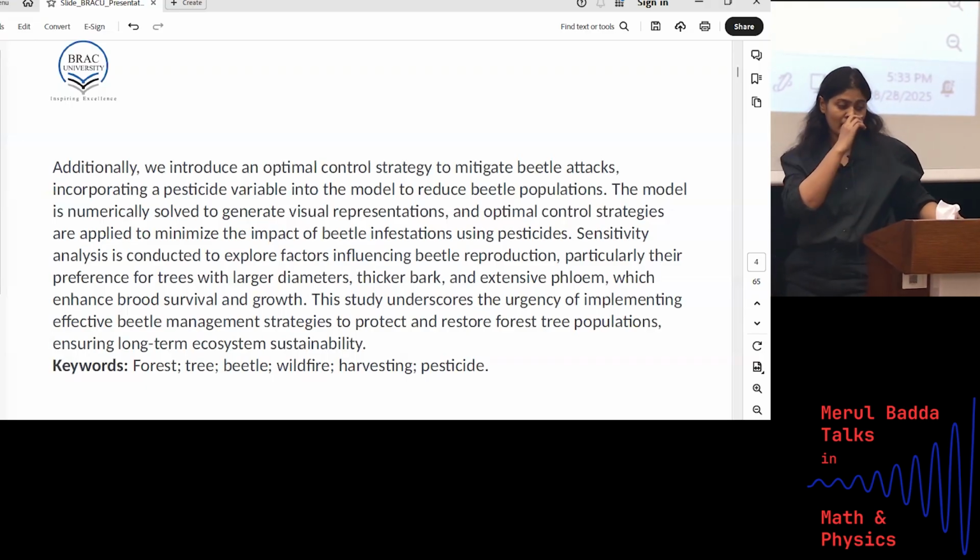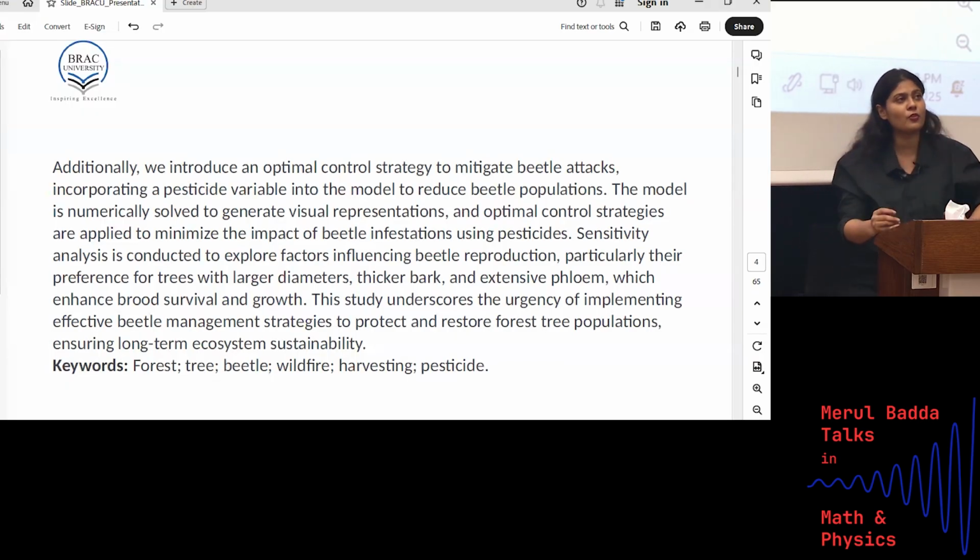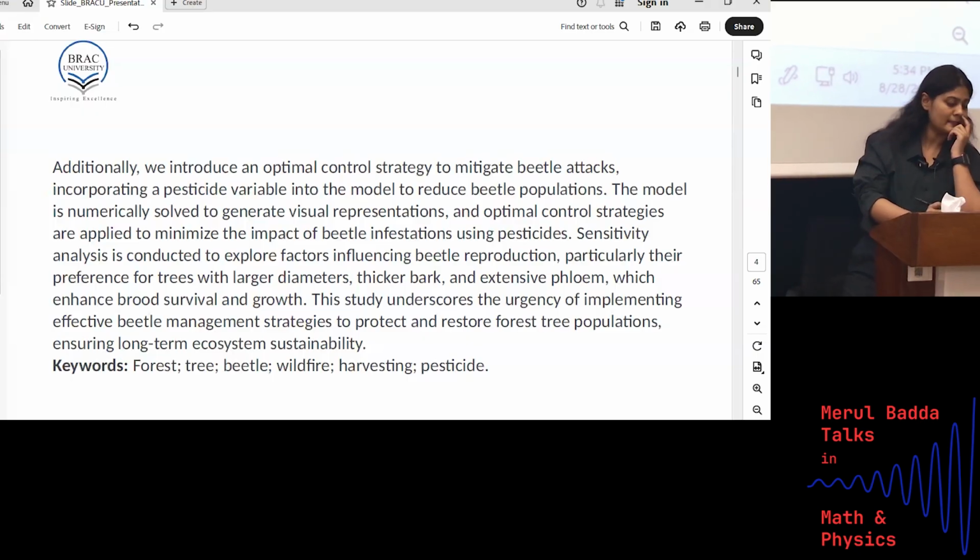In this system, we also use pesticide as a variable in our model for forest ecosystem management, and we do sensitivity analysis to describe the influence of each variable on our ecosystem, how a particular variable can influence the beetle attack in our forest. That's why we also do the stability analysis.